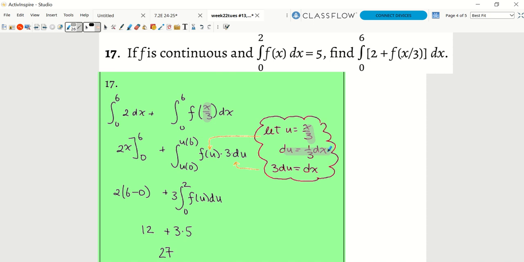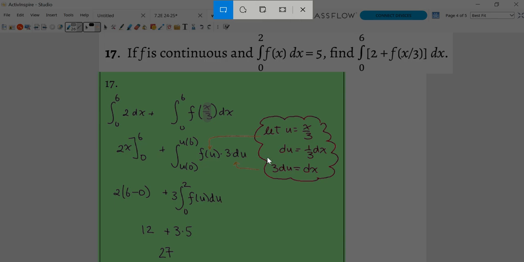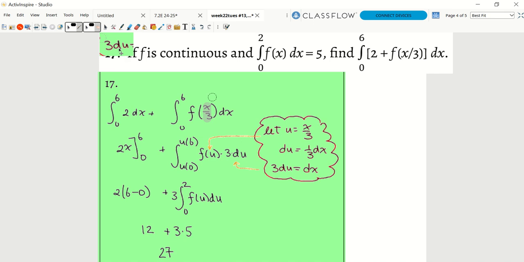Go through the motions, and then sub in the 3 du for dx right there, and this becomes u.